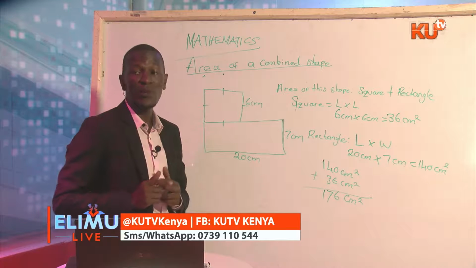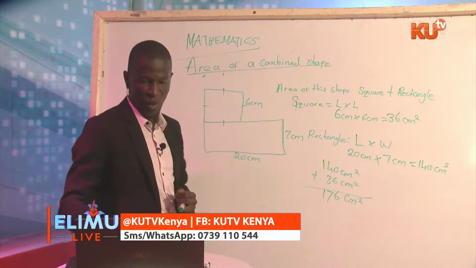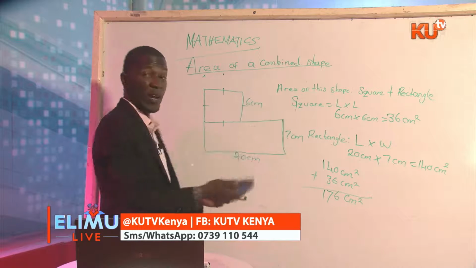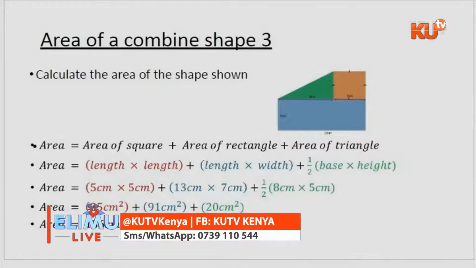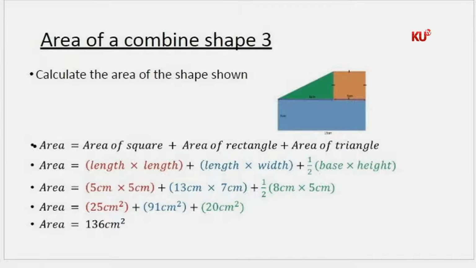I want us to move to the last example, boys and girls. That is example number 3. And we can see on our screen, it is there for us to see. Take time, look at the shapes which are there and identify which shapes you can see. I can see a rectangle on that screen.